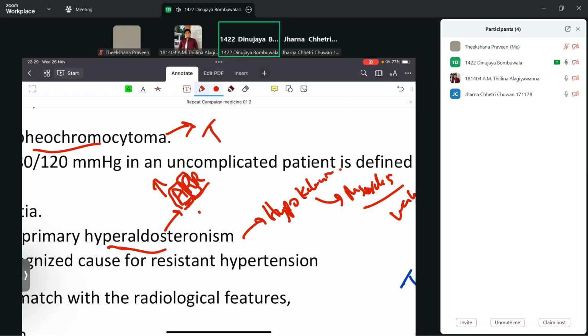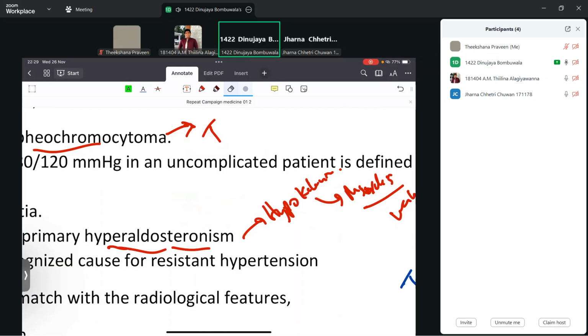So the AR ratio will be increased in primary hyperaldosteronism. So this is the screening test. And there is a confirmatory test, a dynamic test. You have to give dexamethasone or something, but I can't remember that. When we do another session on secondary causes, I will go through this and tell you. But the ARR ratio is the screening test.